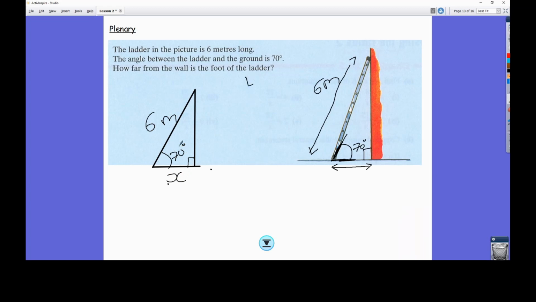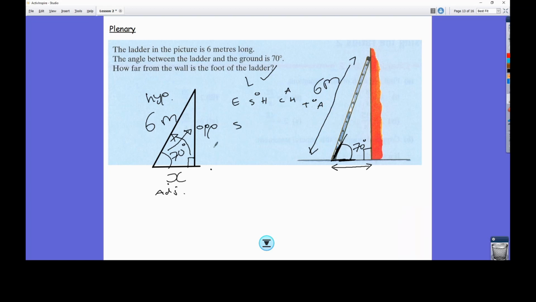Let's label our triangle. Opposite the right angle is the hypotenuse. Opposite the given angle is obviously the opposite, and then adjacent is the one that we haven't yet labeled. So we've labeled our triangle. Think about the equations. Sine is opposite over hypotenuse, cos adjacent over hypotenuse, and tan opposite over adjacent.